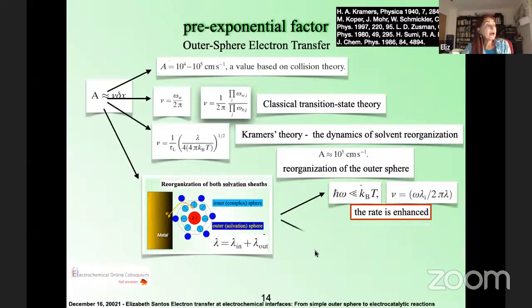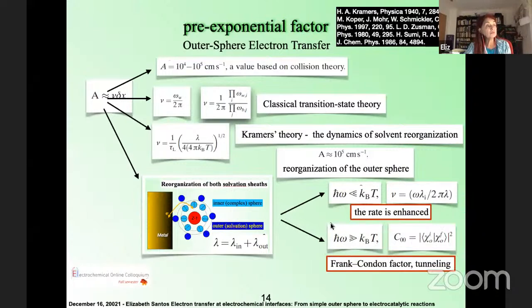And then we have the quantum limit, when the frequencies are much higher than the thermal energy, and then tunneling effects could appear, and we have to consider the Franck-Condon factor, and these are usually very low, and then the pre-exponential factor becomes smaller.